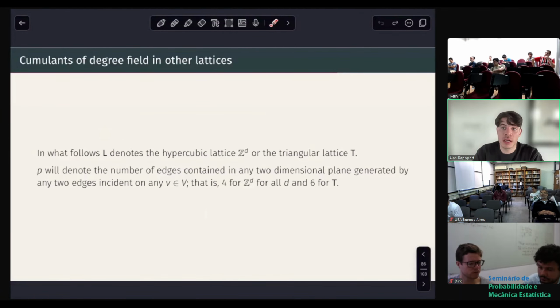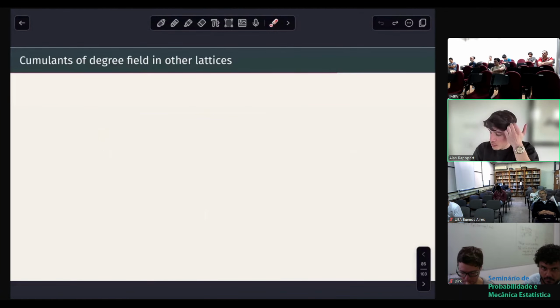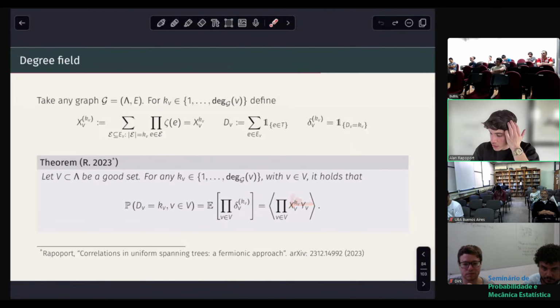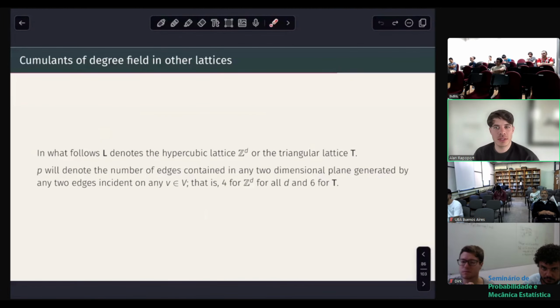And again, you can do these calculations now for a more general k. And I will give both results in the same, so basically the most general possible result. We also notice that in the limit, you do need a lot of cancellations, and the lattice that you work on is very important.